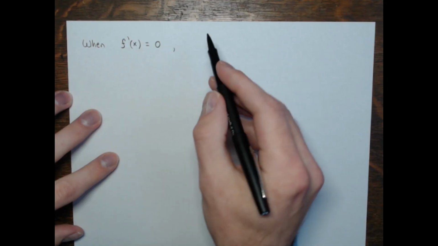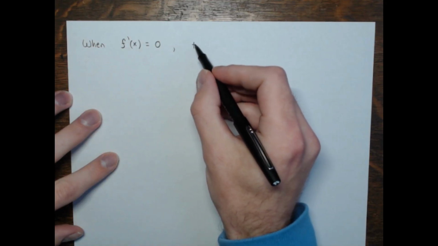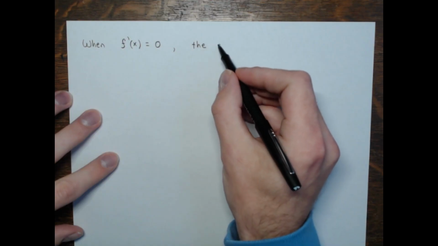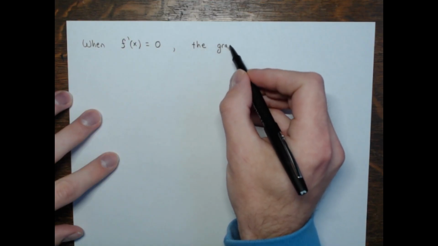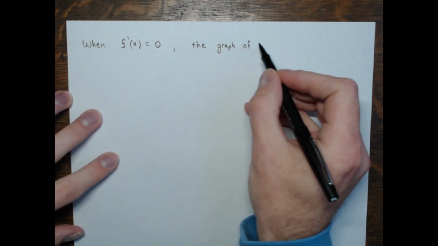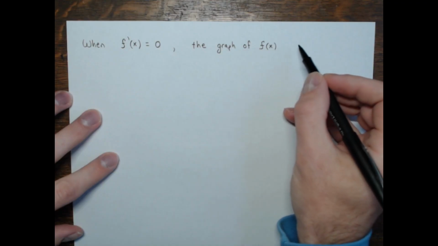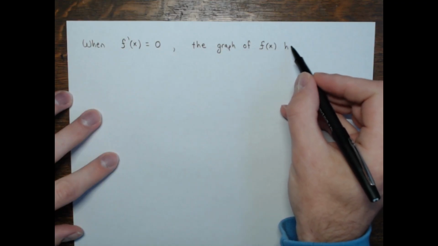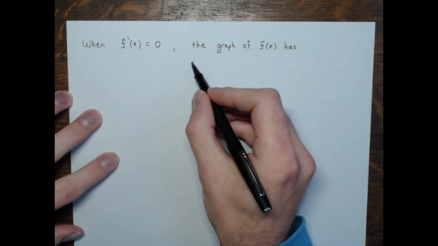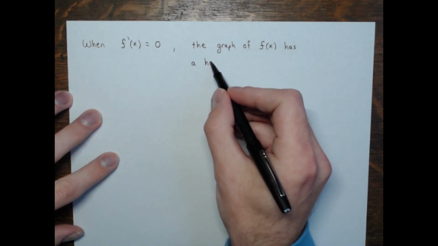You have a horizontal tangent line. The graph of the original function of f has a horizontal tangent line.